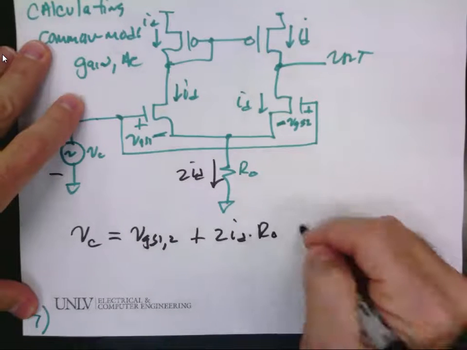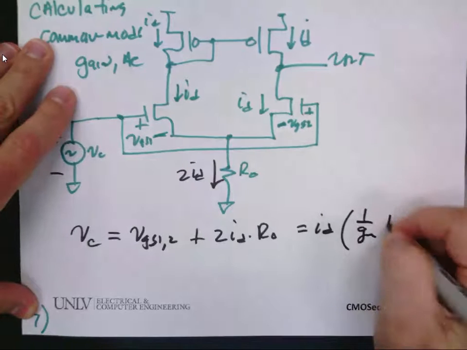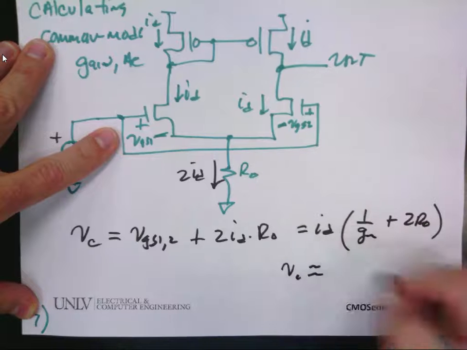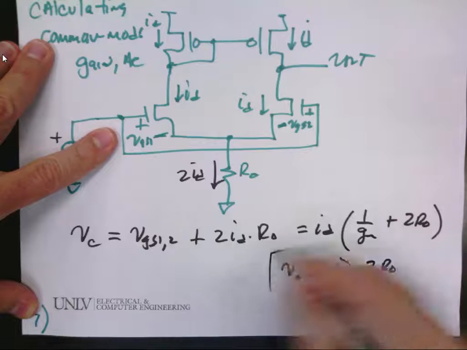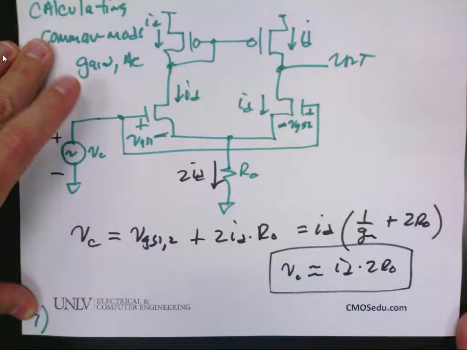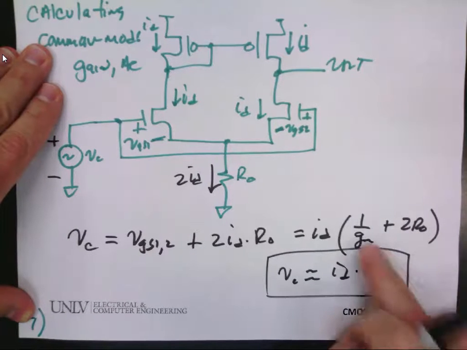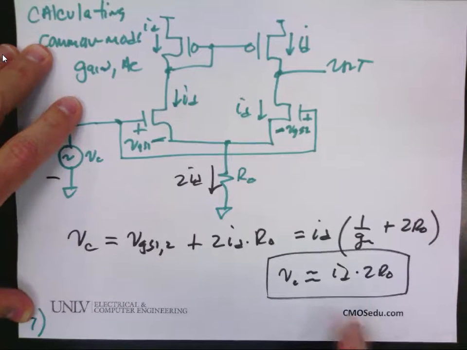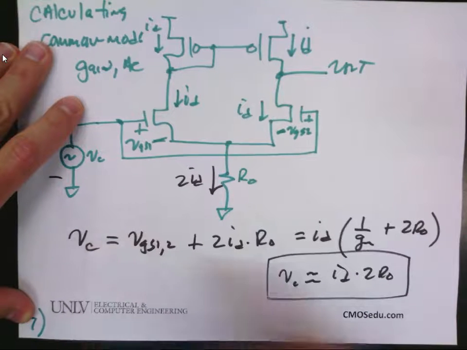Would everybody be okay if I wrote this as ID times (1 over GM plus 2 R out), or VC is approximately ID times 2 R out? Would that seem reasonable, that if R out's much, much larger than 1 over GM? Everybody agree with that? Any questions how I wrote that?